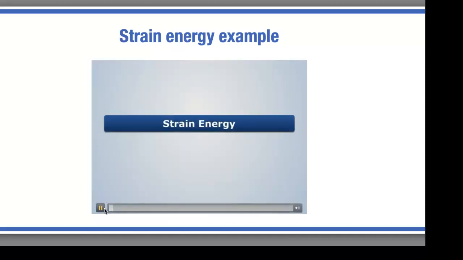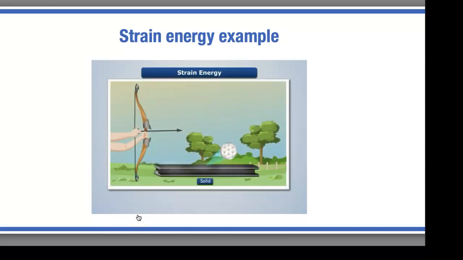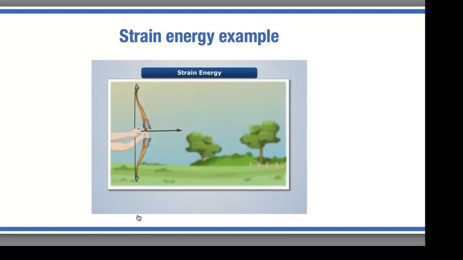Concept of strain energy, let us take an example of bow and arrow. We know that molecules of a solid are held together by intermolecular forces, and to deform a solid, some work needs to be done on it. Now, to shoot a target, we pull the string, due to which the bow bends.